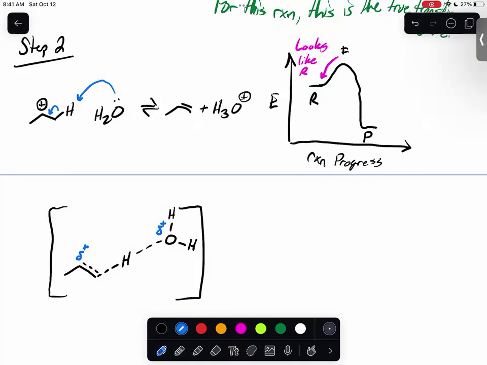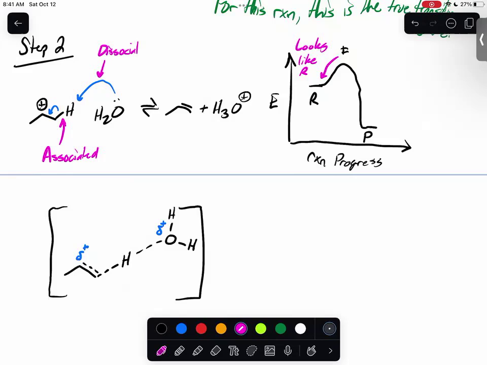Now then, we have to identify whether or not bonds are long or short. Okay? And so how we're going to do that is we know that it looks like the reactants based on the statement we made just above. So the reactants have the bond between the carbon and the hydrogen. This one is fully associated, right? It has the bond between the oxygen and the hydrogen dissociated.